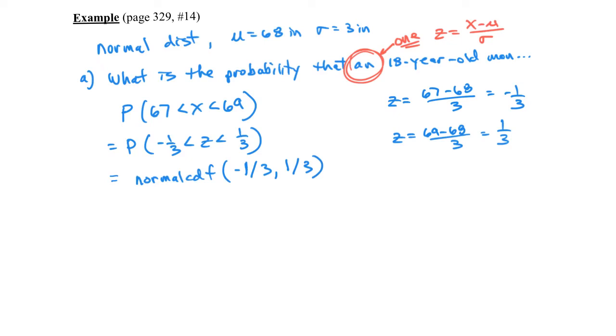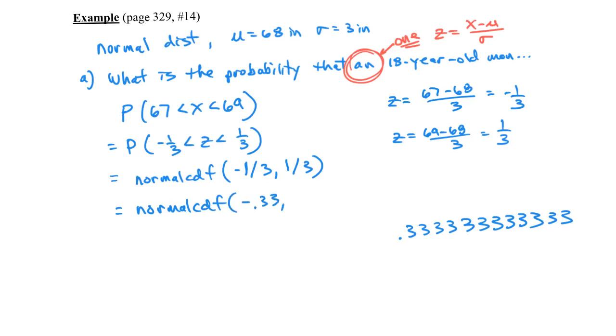The calculator is going to interpret that as a whole bunch of 3s. So we've got 4, 5, 6, 7, 8, 9, 10, something like this. And there's probably a couple extra ones in memory. But what if I just say, well, it's roughly 0.33 to 0.33, right? Like we know this 1/3 is just 0.3 repeating forever.